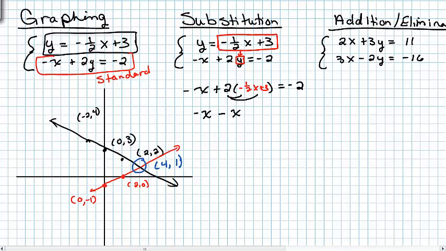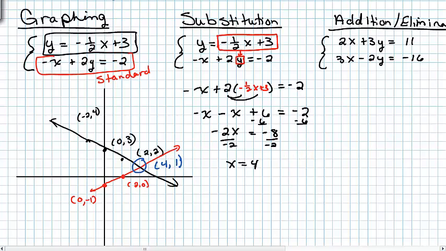And then 2 times 3 is plus 6, and it's equal to negative 2. So now I have negative x and negative x is negative 2x. And then I'm also going to subtract this 6 from both sides. And we get negative 2x is equal to negative 8, and then divide both sides by negative 2. So that gives me x is equal to 4, just like we had when we graphed it. We got x equals 4.